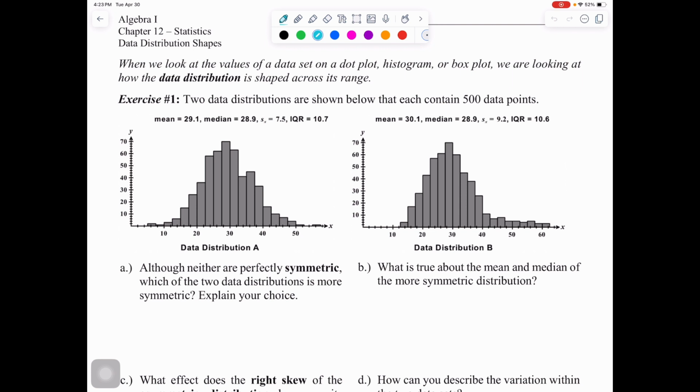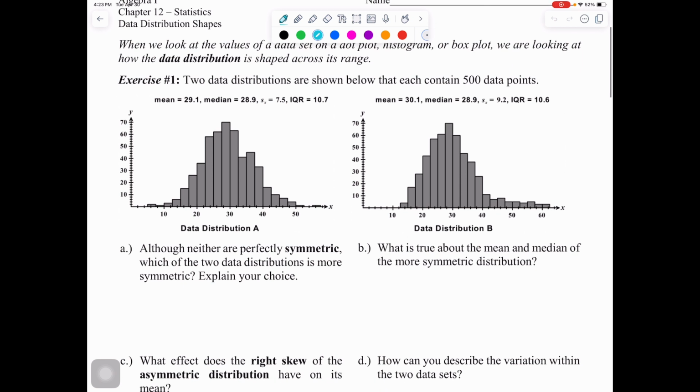I'd like to mark on the histograms, before we even start working on questions, where the mean and the median are falling. So in this first one, the mean is at 29.1. When you look at the scale on the x-axis here, the scale is going by twos.